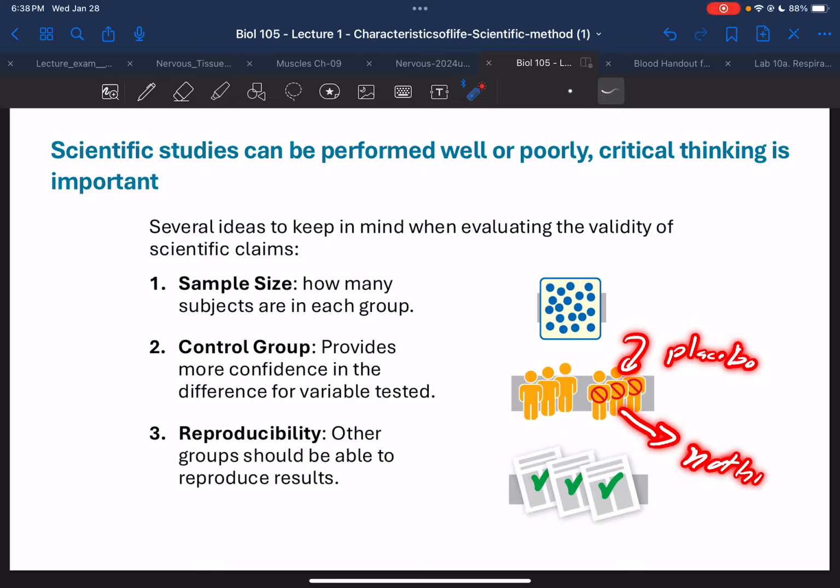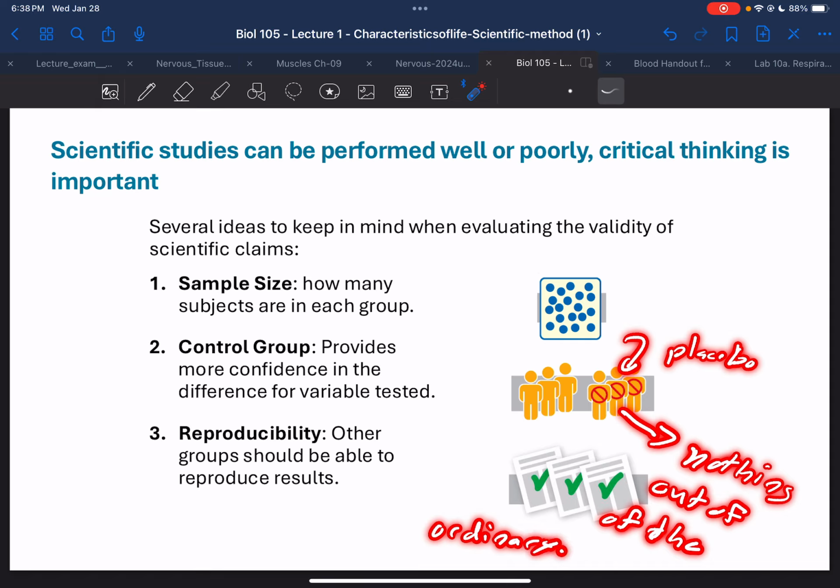Nothing out of the ordinary. All right, so that is what a control group is all about, making sure that you know what's supposed to happen. Now do your thing, and then let's see what happens.